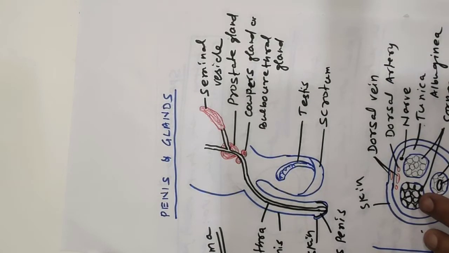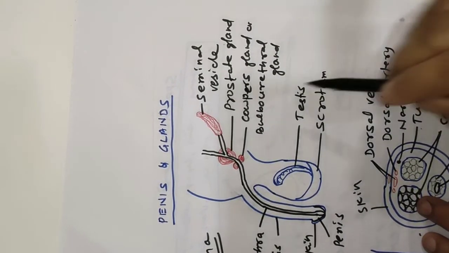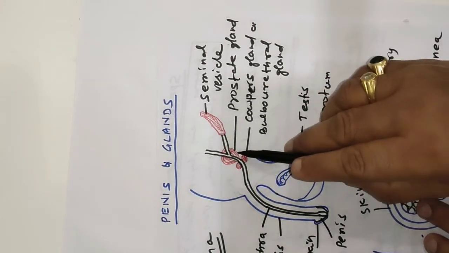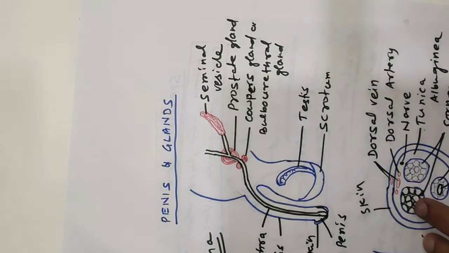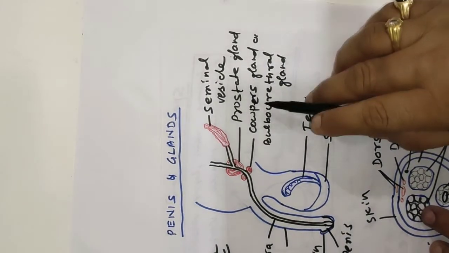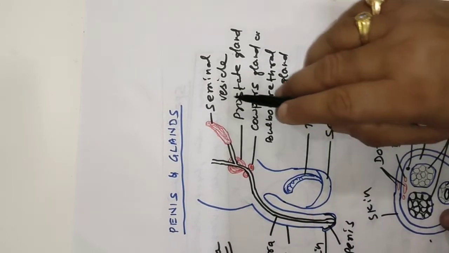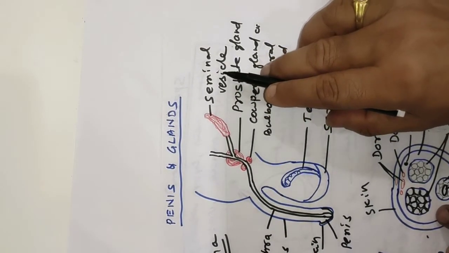There are three glands associated with this system: seminal vesicle, prostate gland and Cowper's gland, otherwise known as bulbourethral gland. First we will discuss the seminal vesicle.